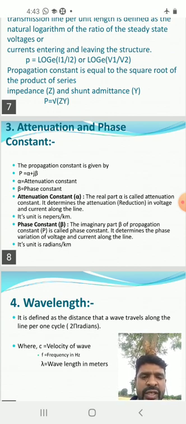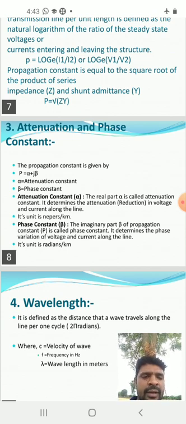So attenuation constant alpha, the real part alpha, is called the attenuation constant. It determines the attenuation or reduction in voltages and currents along the line.